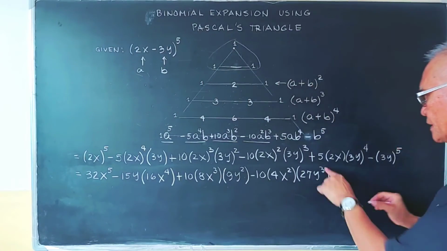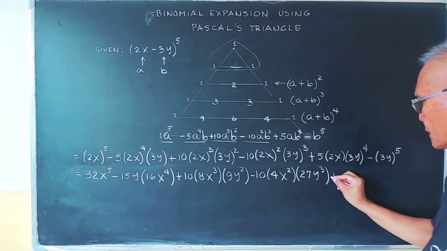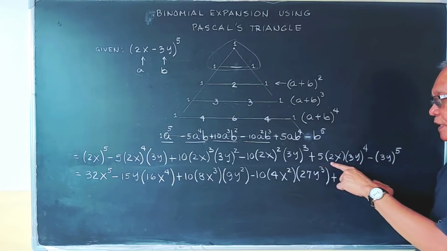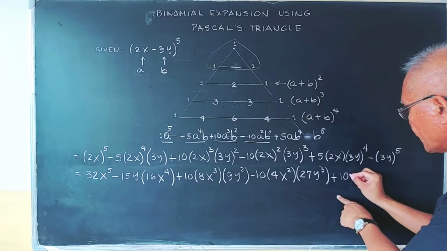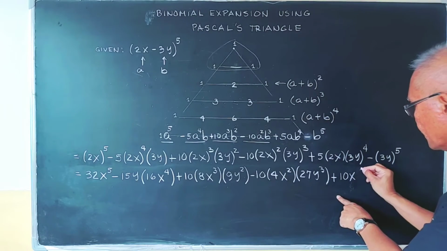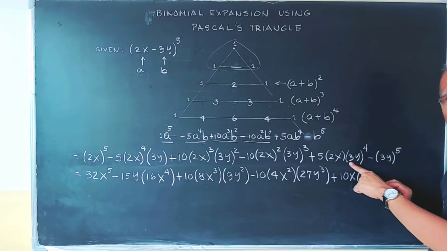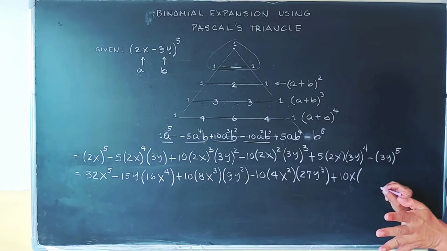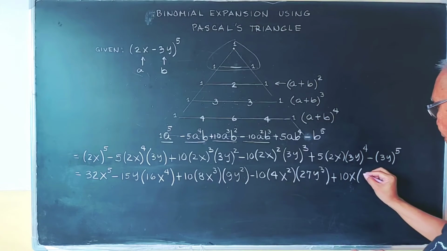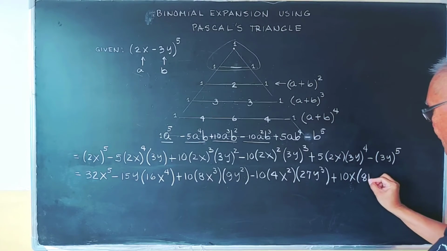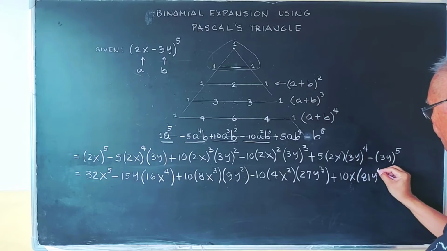Okay, let's have the plus here, plus. We can multiply 5 and 2x here. 5 times 2x is 10x. Then 3y to the 4th. 3 times 3 is 9. Times 3, 27. Times 3 is 81. So this one is 81 y to the 4th.